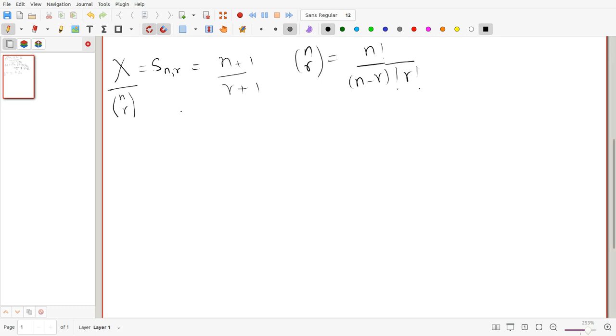Okay, then I see something interesting. Hey, this looks like n choose R, and here is n plus 1 over R plus 1. Hey, what if I were to do this?